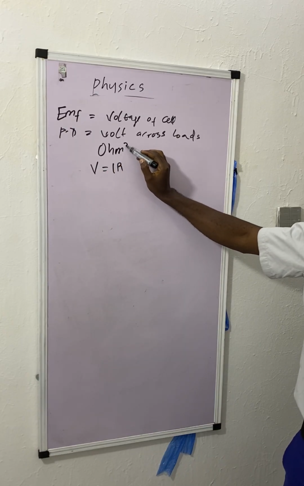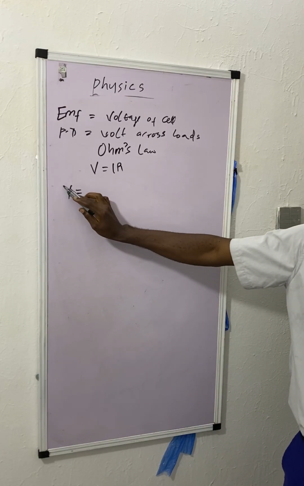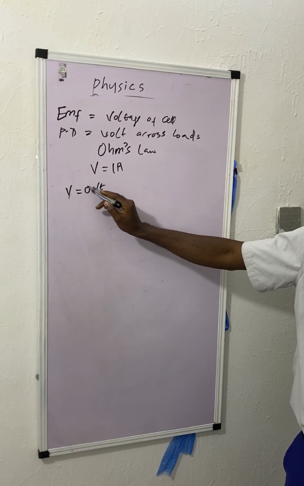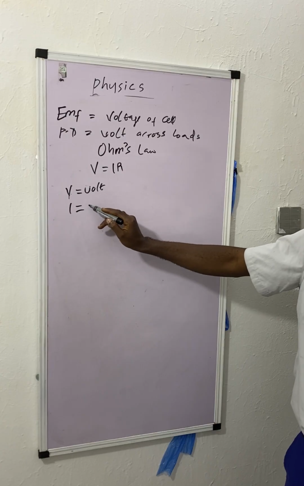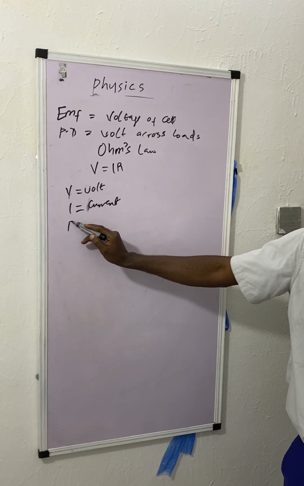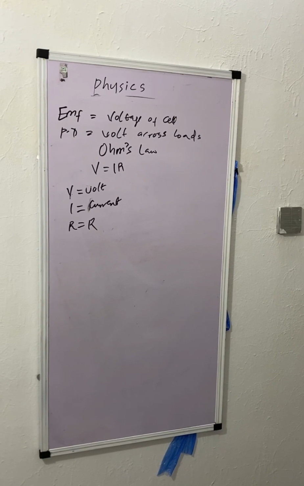That's Ohm's law, where V is voltage or volt, I is current, R is resistance. Provided that the temperature remains constant.